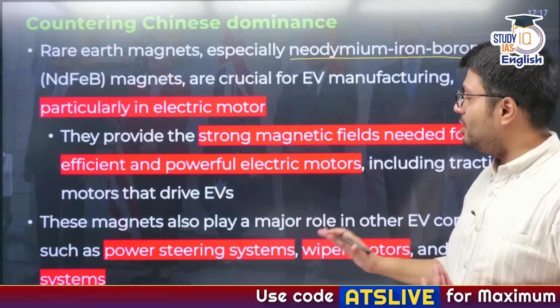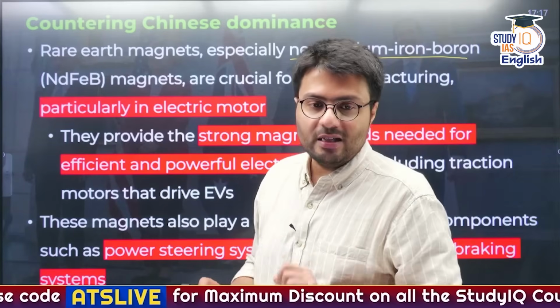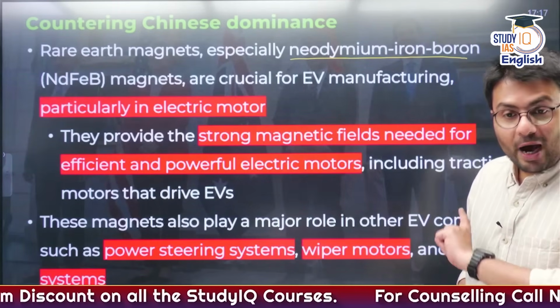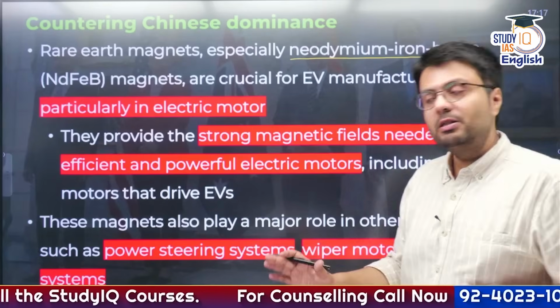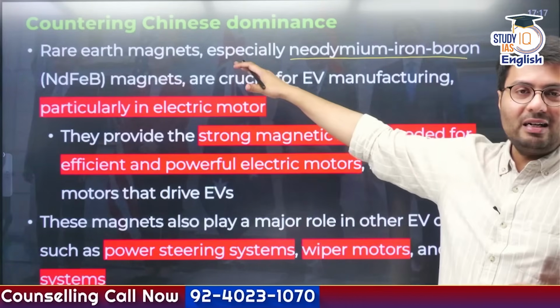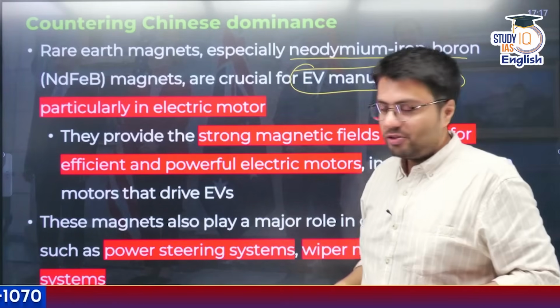These magnets also play a major role in other parts of electric vehicle manufacturing, for example the power steering system, the motors which power your wipers, and the braking systems. All these use rare earth magnets. So rare earth magnets are very important when it comes to manufacturing of electric vehicles, right?